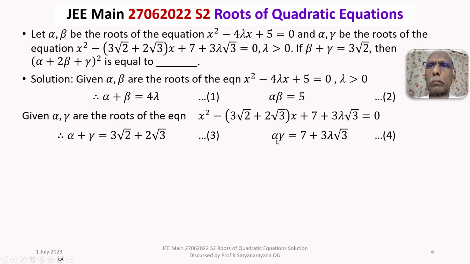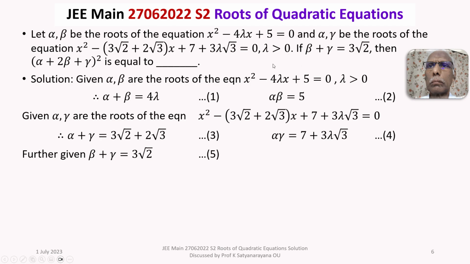The product of the roots alpha gamma is equal to the constant term by the leading coefficient, that is 7 plus 3 lambda root 3. This is the third equation. This is the fourth equation. It is further given to us beta plus gamma is equal to 3 root 2. Call this equation 5.